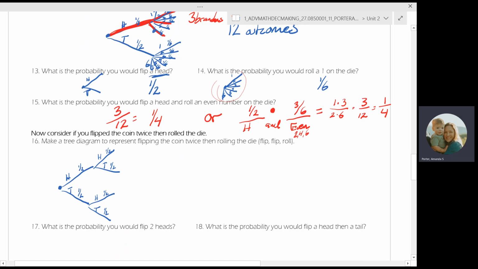And then we have the roll. So off the end of each of these, got to put my 6. So if you count this up the same way we counted the last one, we have 24 outcomes.